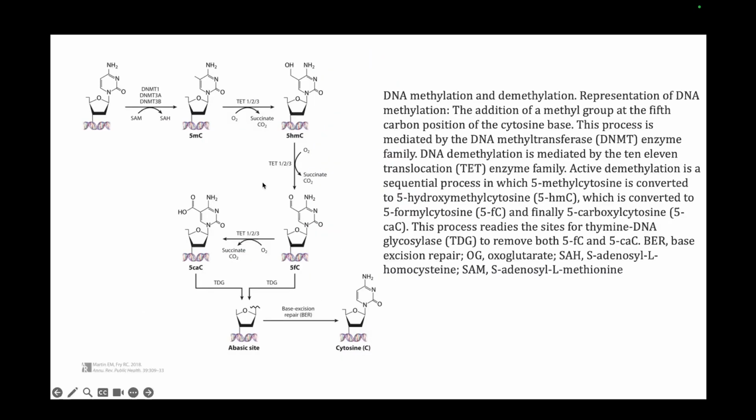Now, this is a chemical representation of how DNA methylation and demethylation occurs. It is the addition of a methyl group at the fifth carbon position of the cytosine base. So, this is your cytosine base, and at the fifth position, there is a methylation occurring.